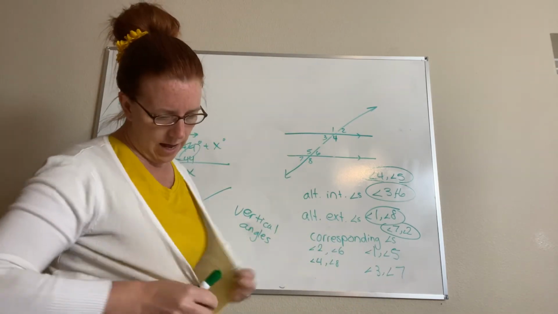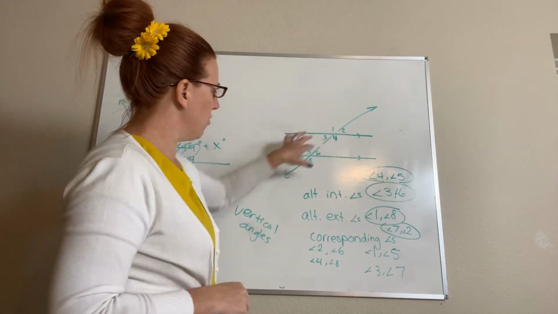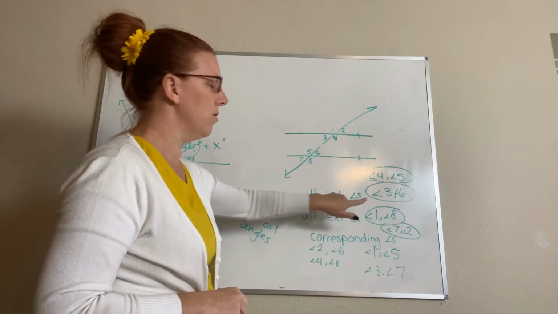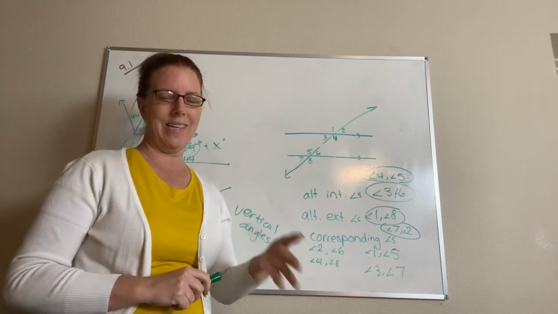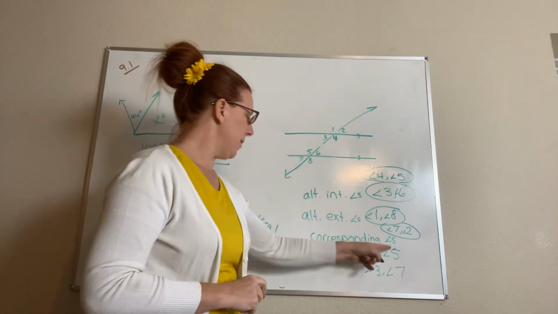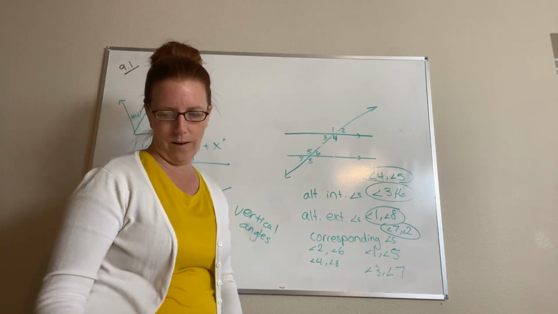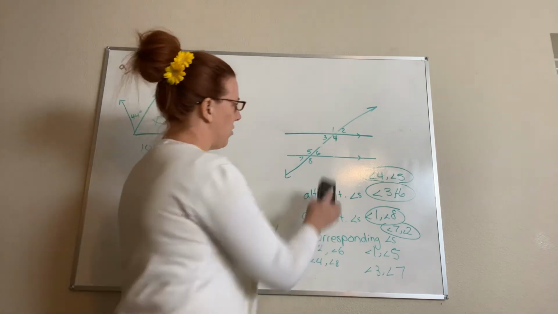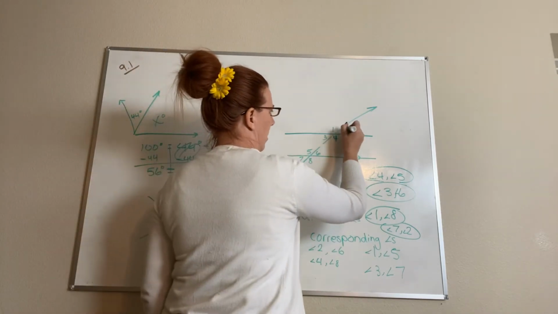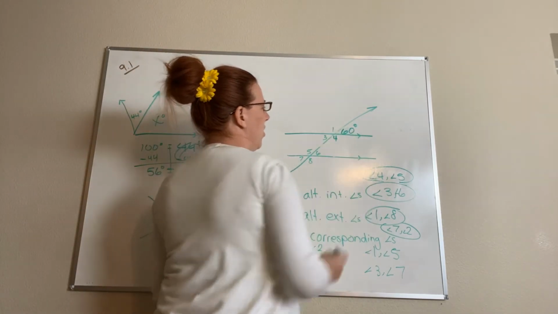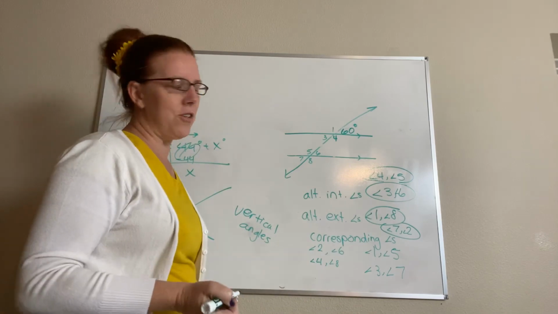Okay? If you have parallel lines and a transversal, then alternate interior angles are congruent, or equal. Alternate exterior angles are also congruent, exactly equal. And corresponding angles are also congruent. So if I told you one measure in here, let's say I told you this one was 60 degrees, you can find every other measure here.